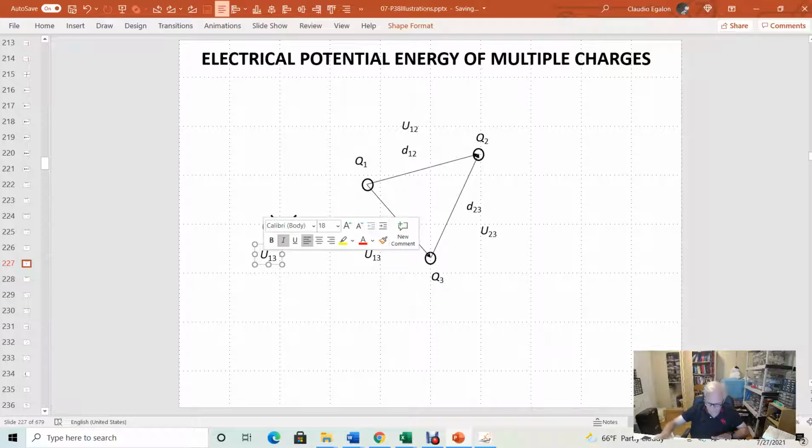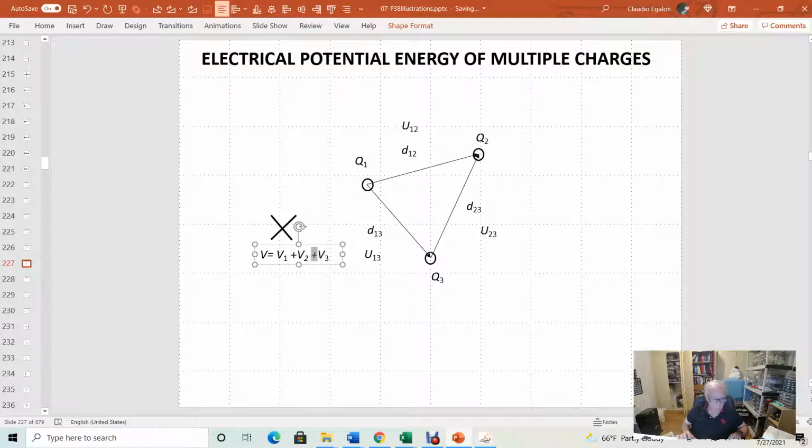The net V here is going to be V of 1 plus V of 2 plus V of 3, at this point in space.